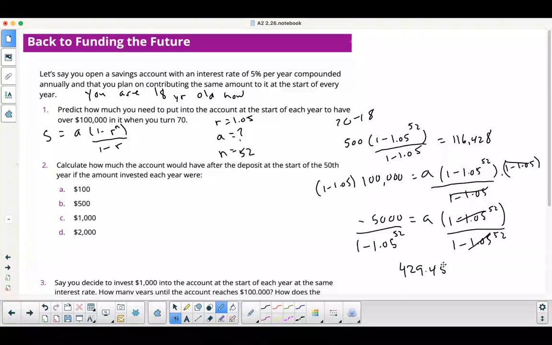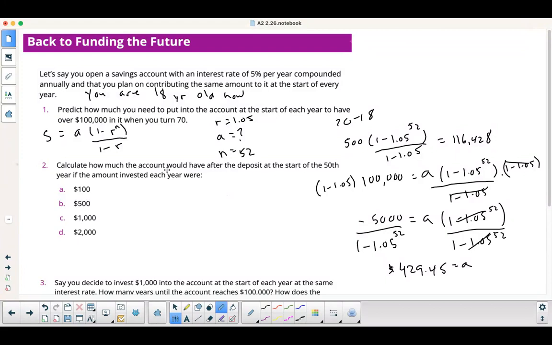I'm going to round it to 2 decimals because it's money. So that's how much you have to put in at the beginning of every year to have $100,000 when you turn 70. Not too bad, because if you multiply this by 52, you really only actually contributed $22,331, and you got 100,000. So most of that was all interest.